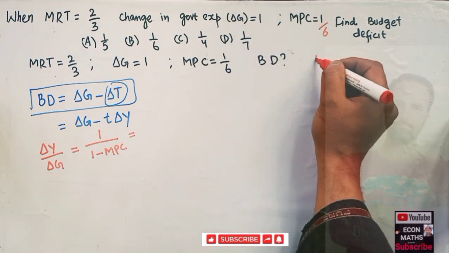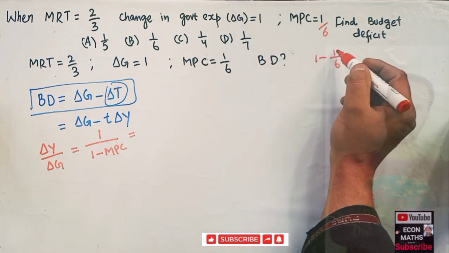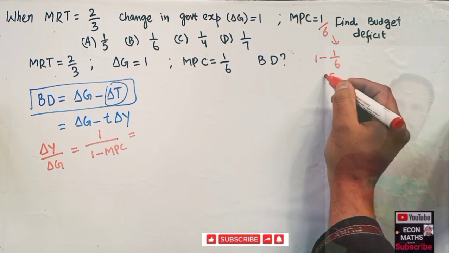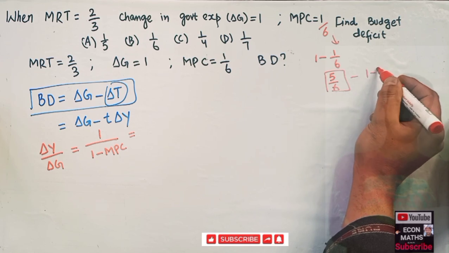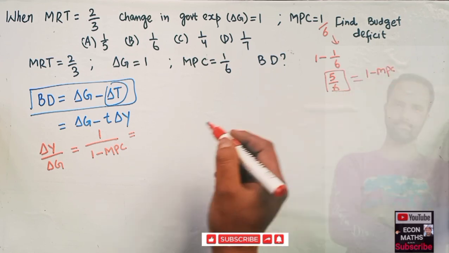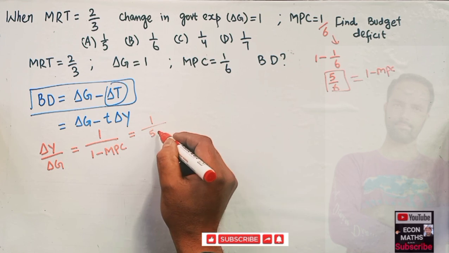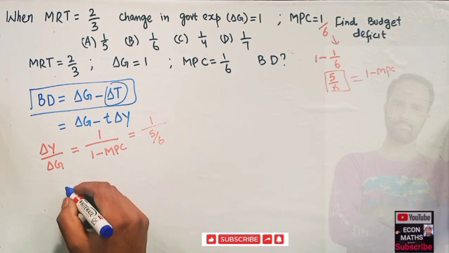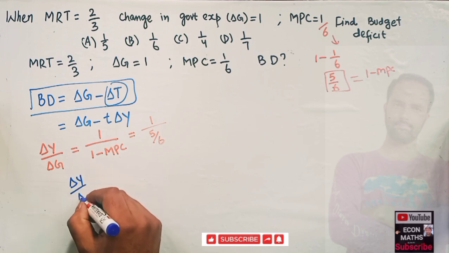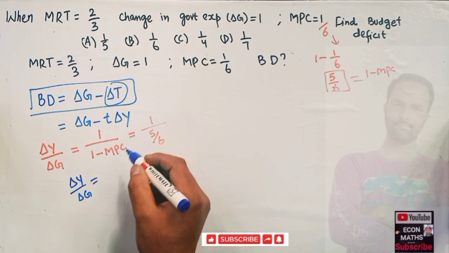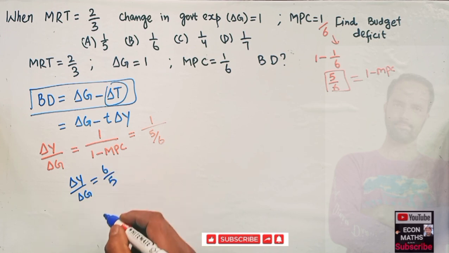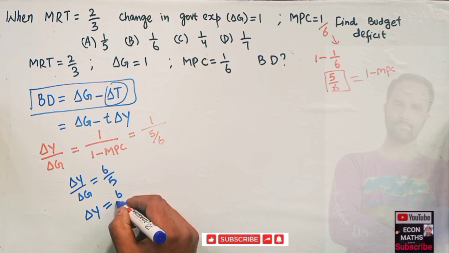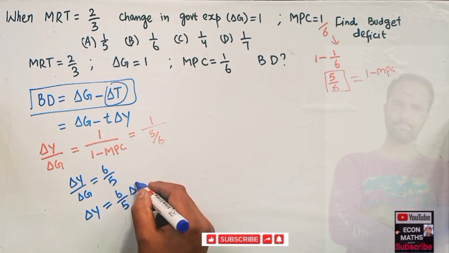This is 1 minus 1 upon 6, where 1 upon 6 is our MPC. If we solve it, it comes out to be 5 upon 6. So here I can write 1 upon 5 upon 6. So delta Y upon delta G came out to be, transposing this, it gets reciprocated, 6 upon 5. That means delta Y is equal to 6 upon 5 delta G.